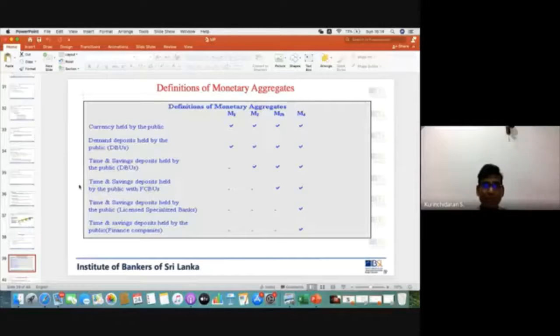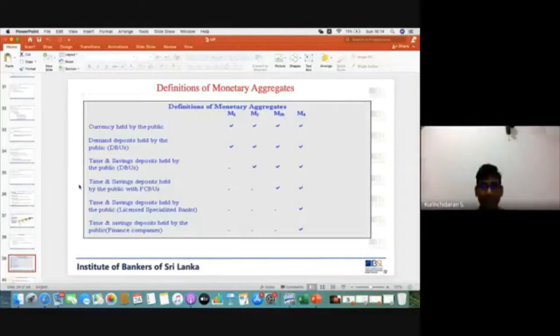When you say M2, it is M1 plus time and savings deposits held by the public. That is M2. M2B is M2 plus time and savings deposits held by the public with FCBUs. FCBU means foreign currency banking unit, otherwise called OBU, offshore banking unit.